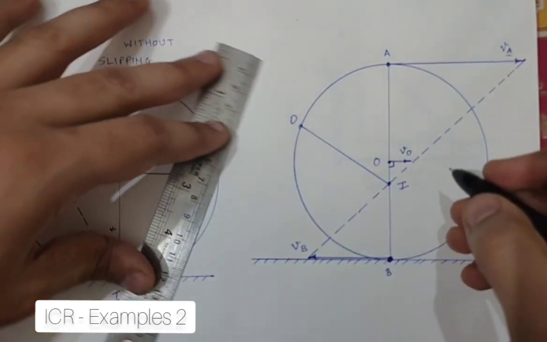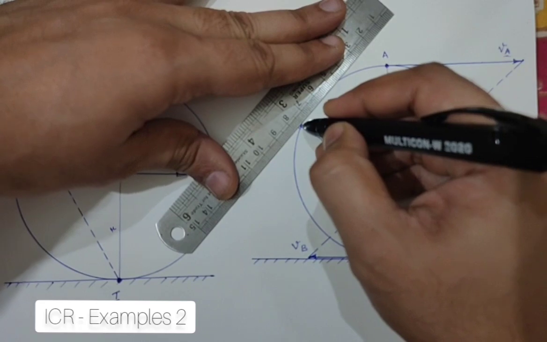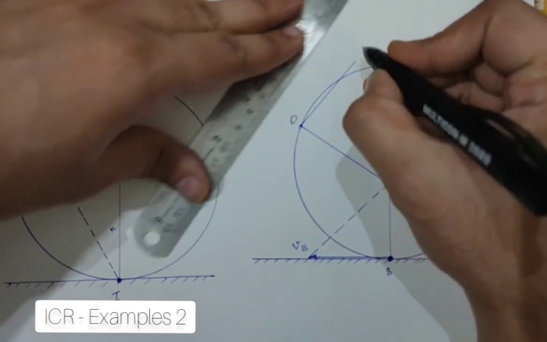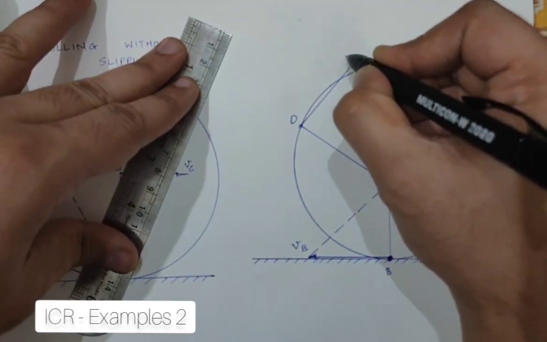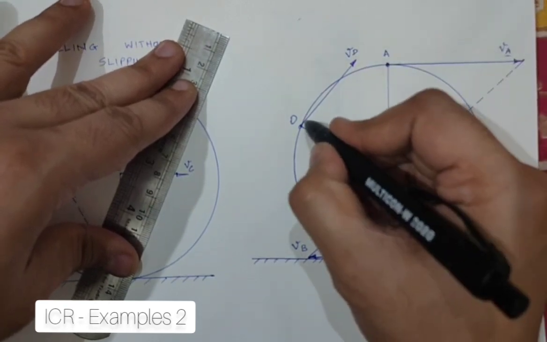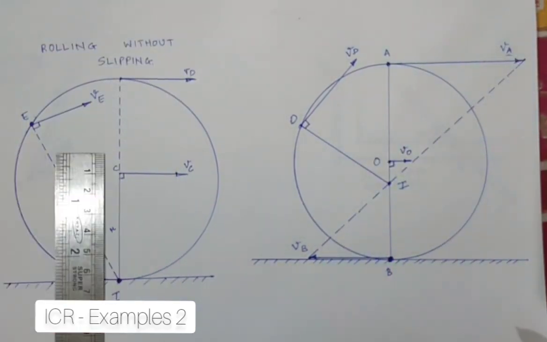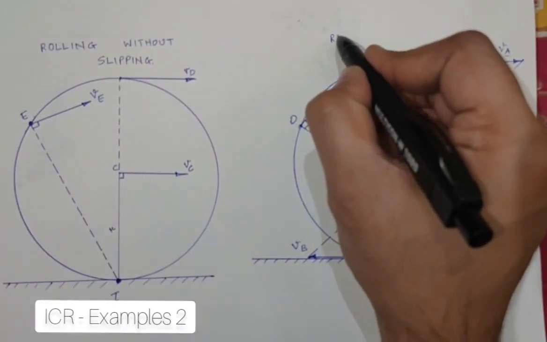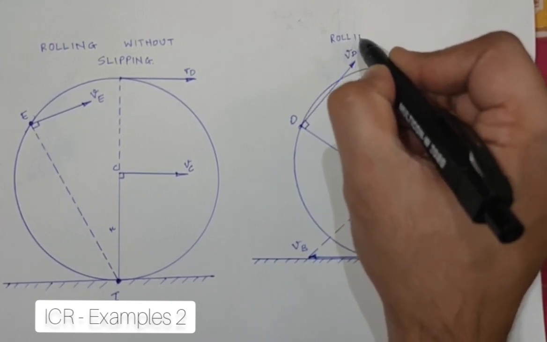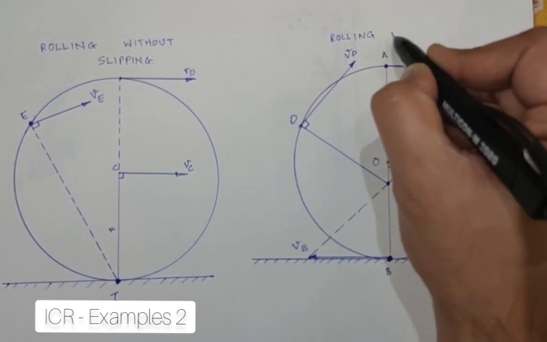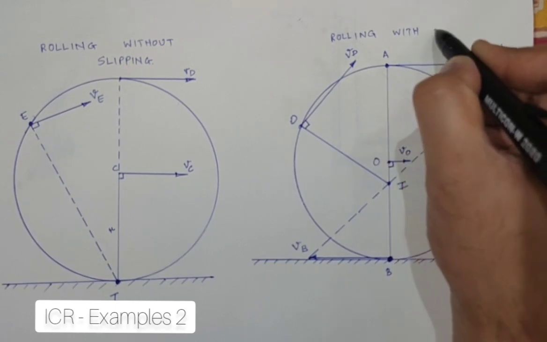Let me call this VD and draw a perpendicular from there. This will give me the velocity VD perpendicular to this given line. So this was all about rolling with slipping.